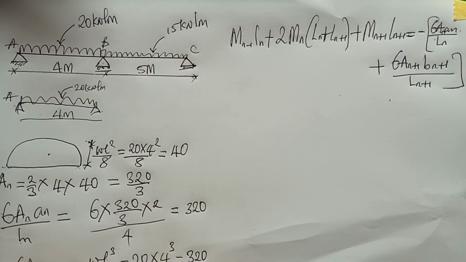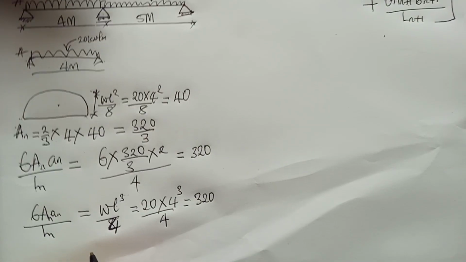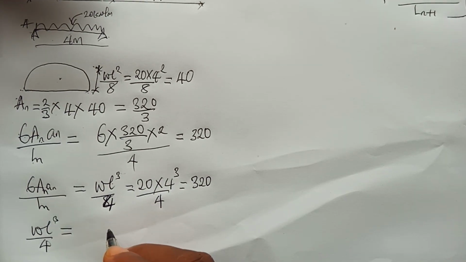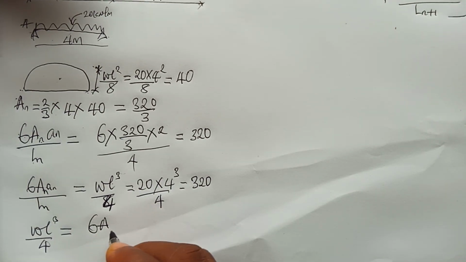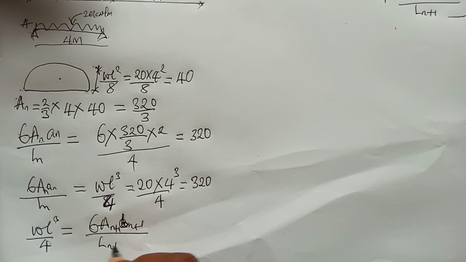Therefore, using our formula, which we have established, we have WL raised to the power 3 over 4 to be equal to 6An plus 1, Bn plus 1 all over Ln plus 1.